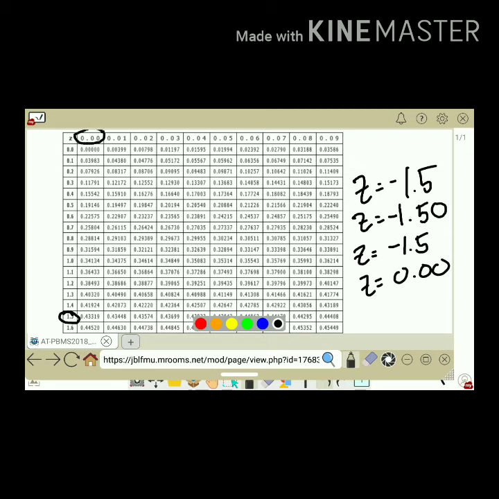So that is given by P of z equals negative 1.5, which is equal to 0.4331.